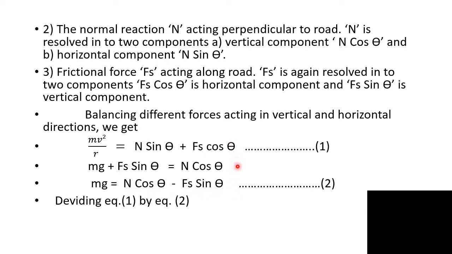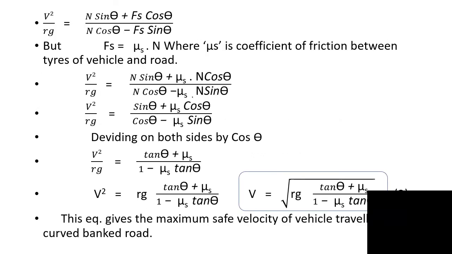Dividing equation 1 by equation 2, we get left hand side v square upon rg, m gets cancelled, equal to N sin theta plus Fs cos theta divided by N cos theta minus Fs sin theta. But Fs is nothing but mu s into N. N is normal reaction and mu s is coefficient of static friction between road surface and tires of the vehicle.